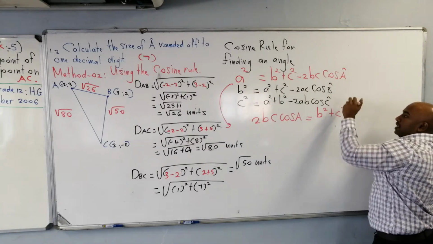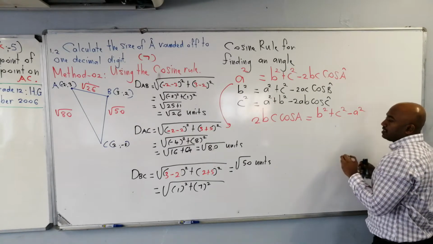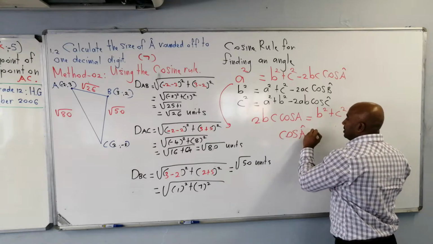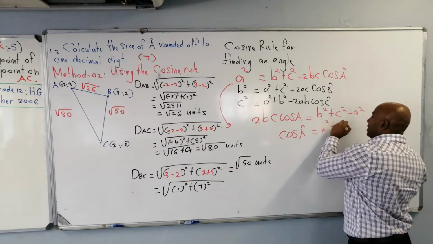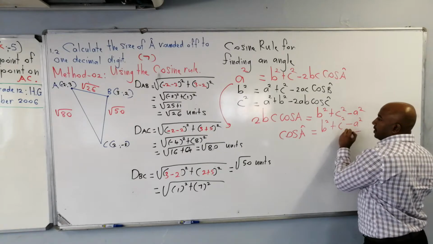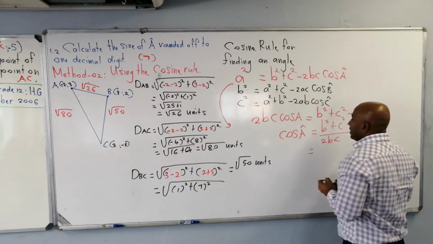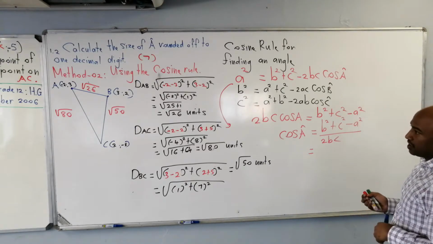Take this A squared to the right, minus A squared. So now cos of angle A is equal to B squared plus C squared minus A squared, all divided by 2BC. Now let's fill in all this information.